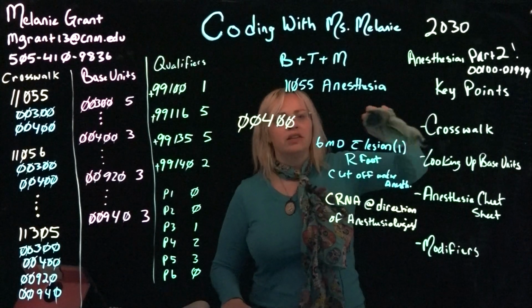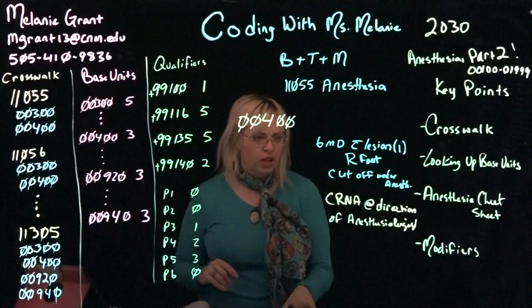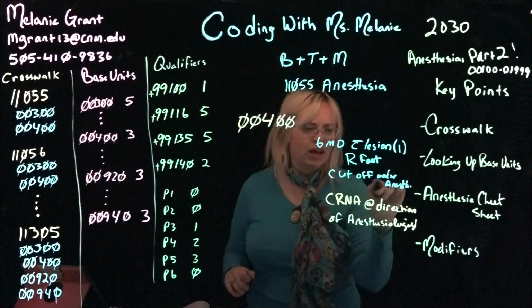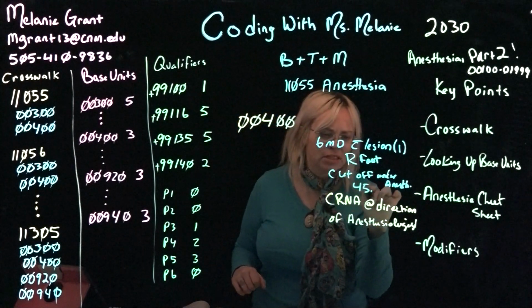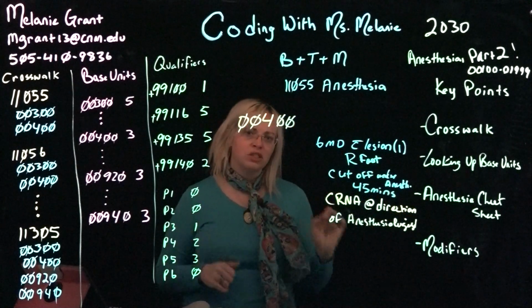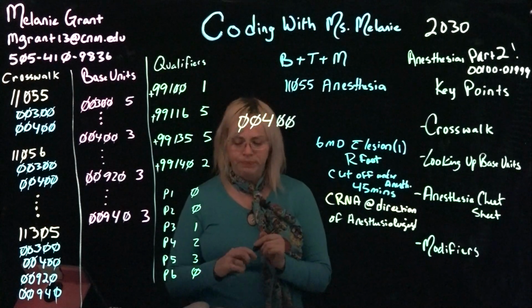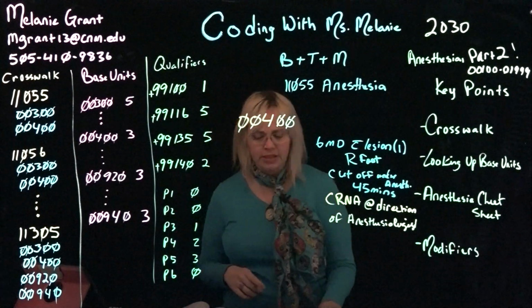Our next one that we want to look at is, how do I bill units for anesthesia? Now let's say that this patient was under for 45 minutes, because we do need to look that up. And keep in mind, you want start to stop time for anesthesia, not start and stop time for the surgery. Okay, that's very important.